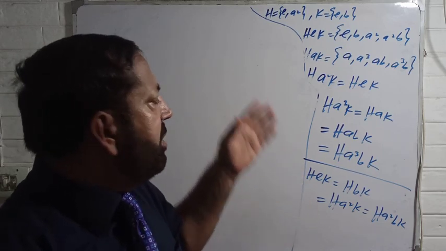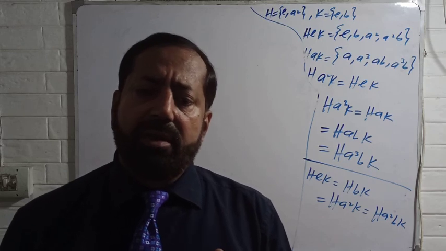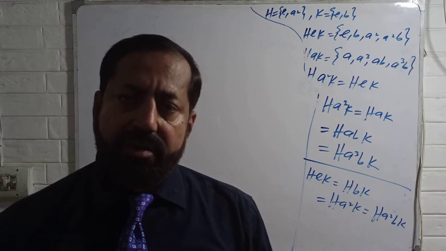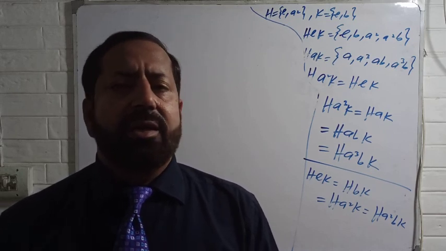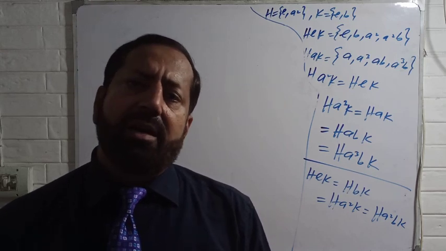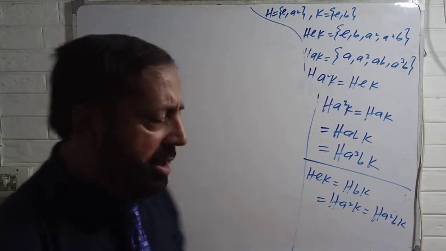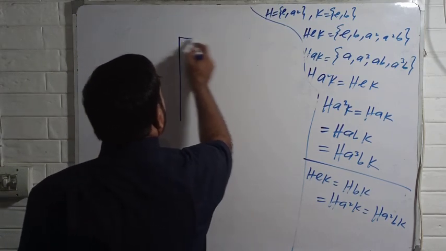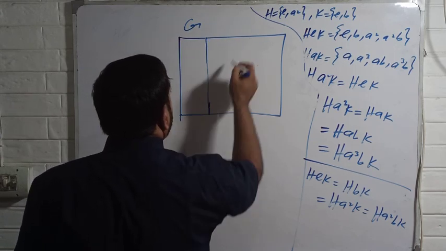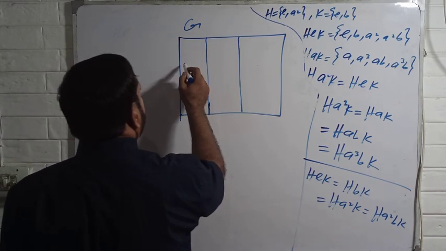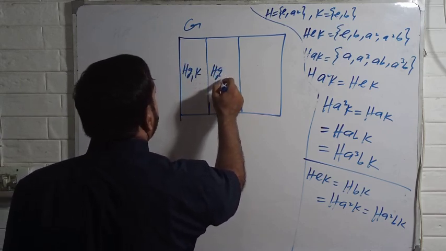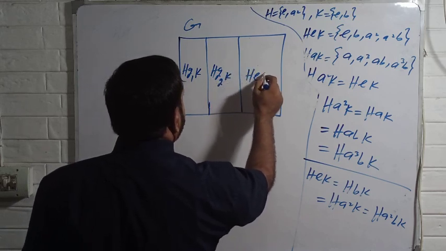Okay. So similarly, remember that the relation of double cosets on a group G is an equivalence relation, so it must define a partition of G. You see that if it's a group G, then there could be, let's say, HG1K and HG2K, and of course the third one is HEK.